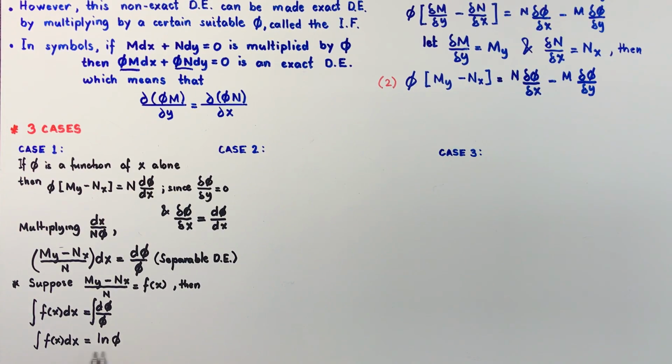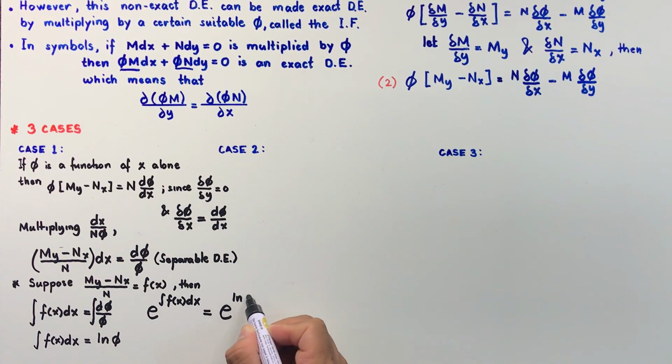Now, if we raise both sides of the equation to e, we have e raised to the exponent of the integral of f of x dx, which is equal to e to the exponent of the natural log of phi. From here, e to the power natural log of phi is just equal to phi.